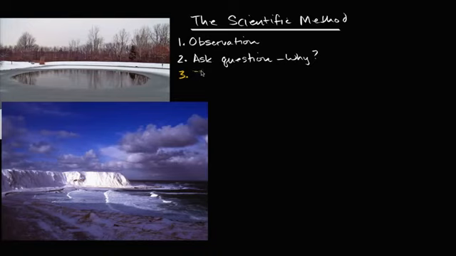So you create a testable explanation. This is one of the core pillars of the scientific method, and this testable explanation is called your hypothesis. In this particular case, a testable explanation could be that the ocean is made up of salt water, and this pond is fresh water.